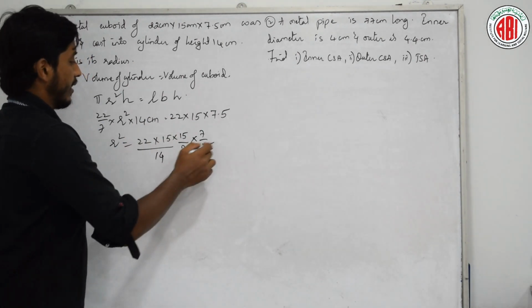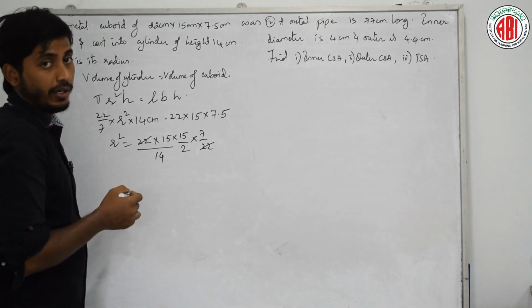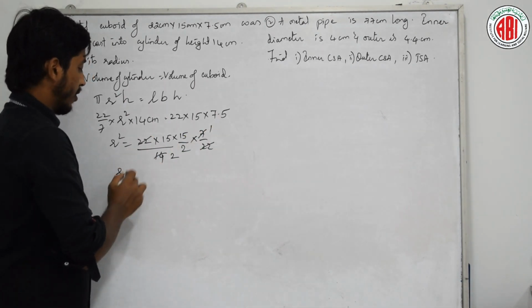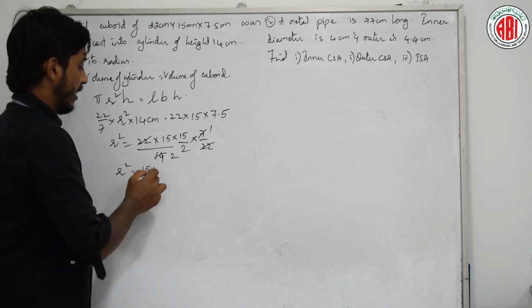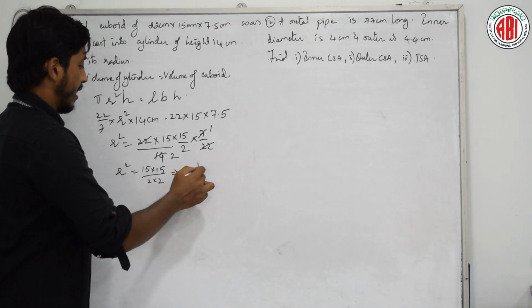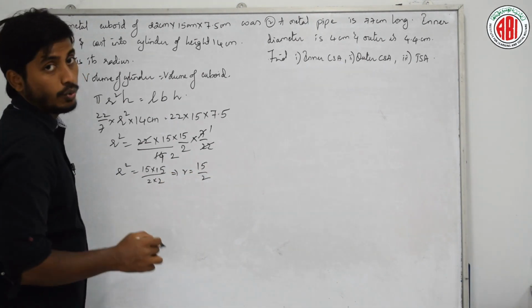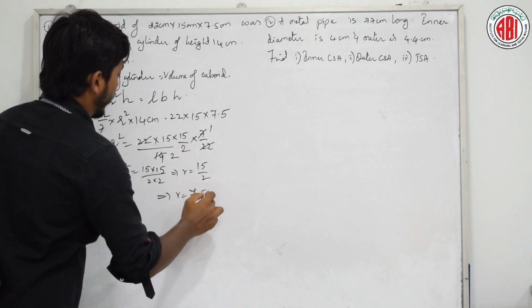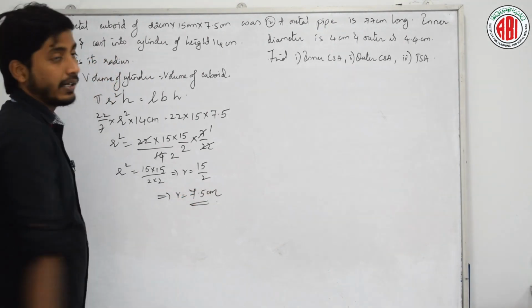What all can you cancel? 22 will get cancelled. 7 ones are 7, 2 twos are. Therefore, r square is 15 into 15 by 2 into 2. From this, I can write r as 15 by 2, that is nothing but radius is 7.5 centimeter.